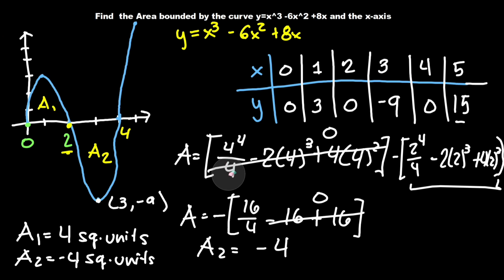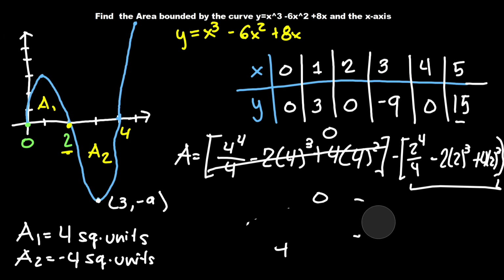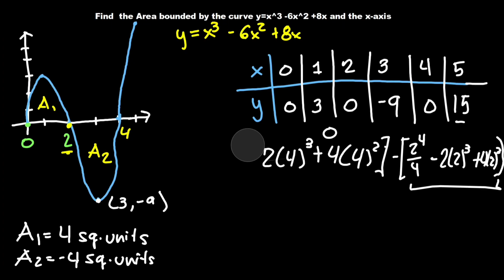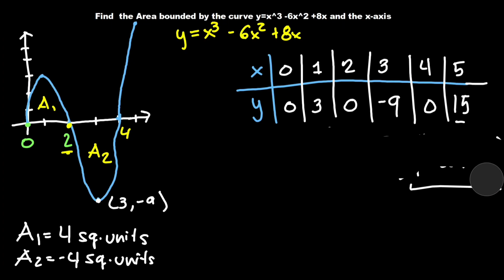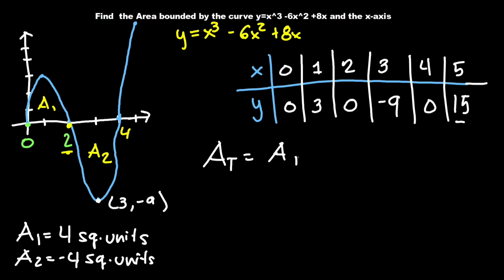The negative is understandable here because keep in mind that we are below the x-axis, so it is on the negative side. And so, when adding this to area, our total area right here would be equal to area number 1. This should be a positive area number 1 because we are above the x-axis.